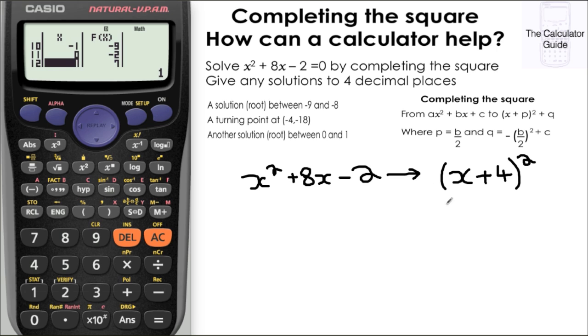Now let's have a look at what this actually means in a little more detail. x plus 4 all squared means we actually have a square bracket, so I could rewrite that as x plus 4 multiplied by x plus 4.